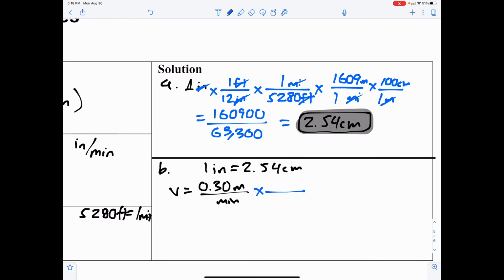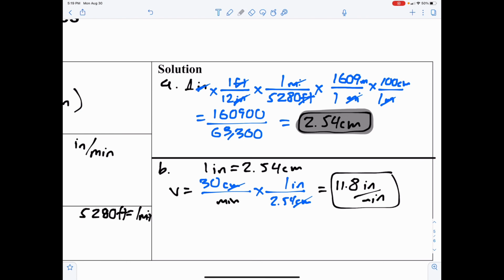I'm going to change it to centimeters: 0.30 meters is going to be 30 centimeters. And we know that there are 2.54 centimeters in 1 inch. So dividing those two, we get about 11.8 inches per minute. The snail moves almost 1 foot per minute.